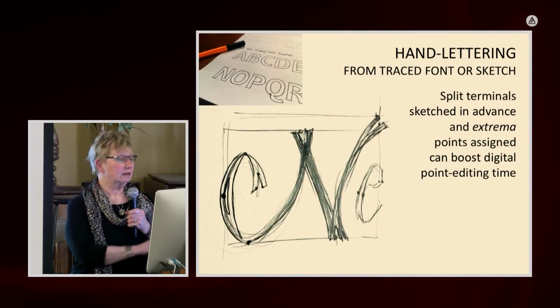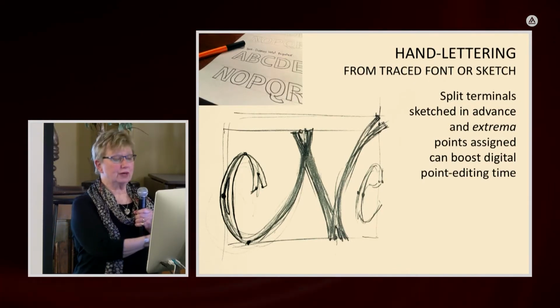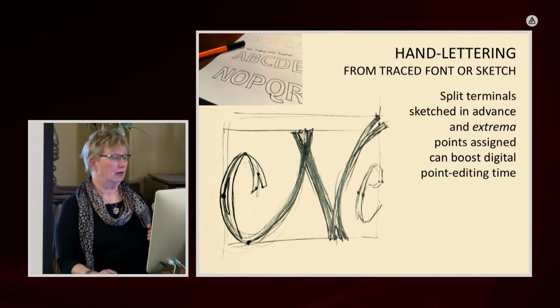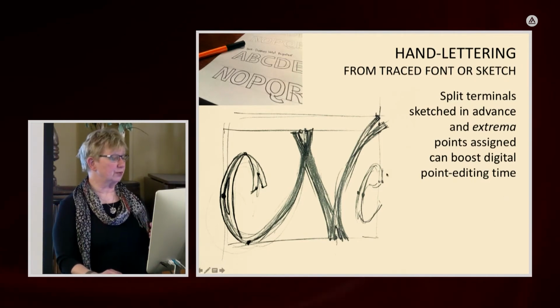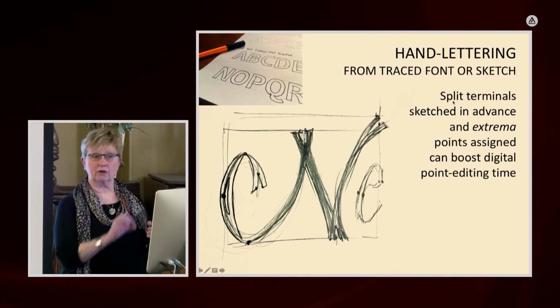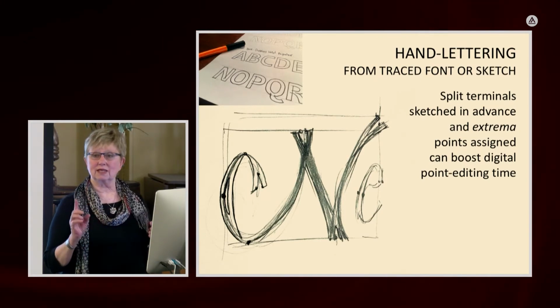Hand lettering we do from a traced font or a sketch. So this particular drawing is taken from a quick drawing, but once it was in Illustrator, it needed something.